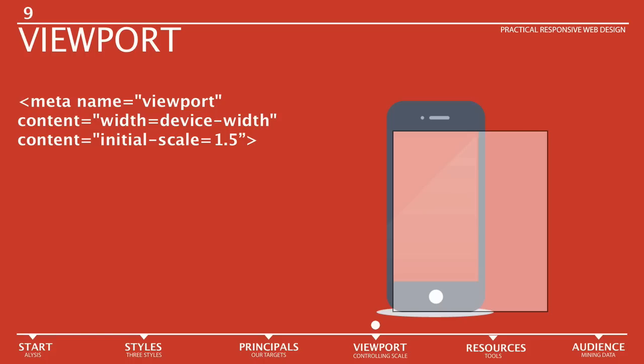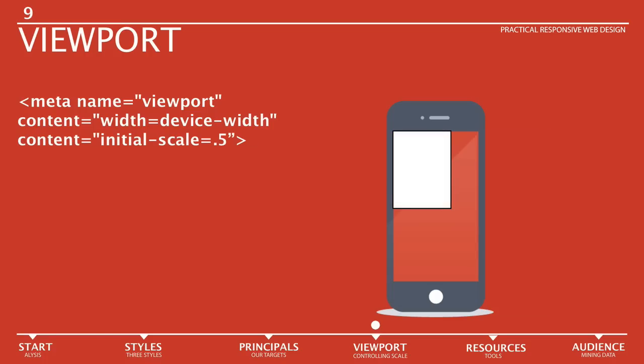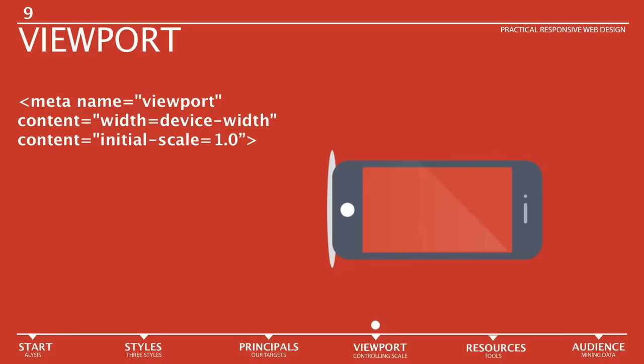So the viewport can scale larger than the phone's viewing area. It's just that you'd only see maybe half of your site. And you can go the other way. You can scale it smaller, in which case you'll see all of your site, but then there's going to be a lot of empty space as well. So the 1.0 just takes up that entire viewing area and maximizes the real estate. And of course, this is great for a horizontal view.